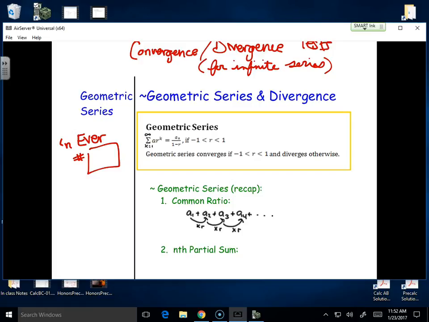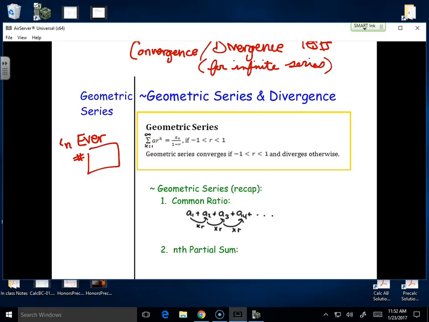Now this might seem silly unless you talked about sequences and series in pre-cal. And you remember in pre-cal there was a formula for the nth partial sum of a geometric series.